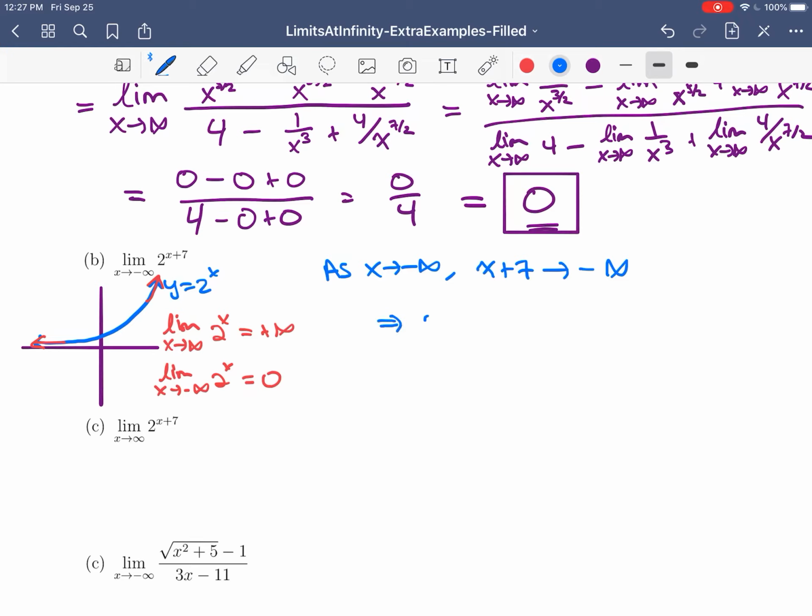That means that 2 to that power is going to approach 2 to the negative infinity, which we just said is 0. So the limit as x goes to negative infinity of 2 to the x plus 7 is equal to 0.